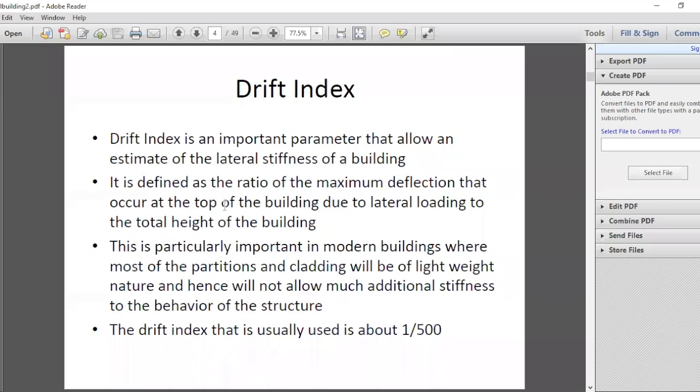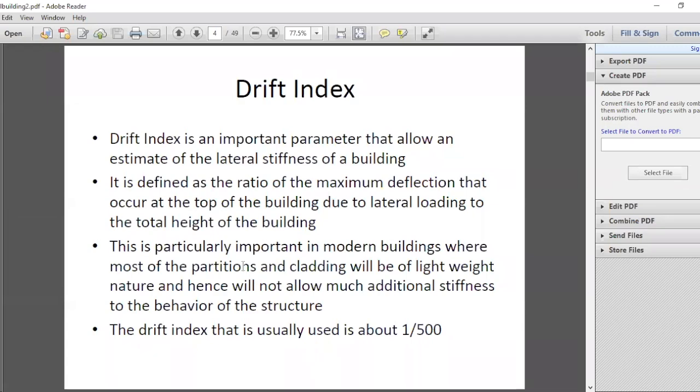So that is actually based on the maximum deflection that occurs at the top of the building due to the lateral loads. And the maximum value of drift index is about 1/500. So you have to make sure that the deflection that occurs at the top of the building divided by the height of the building is less than 1/500.